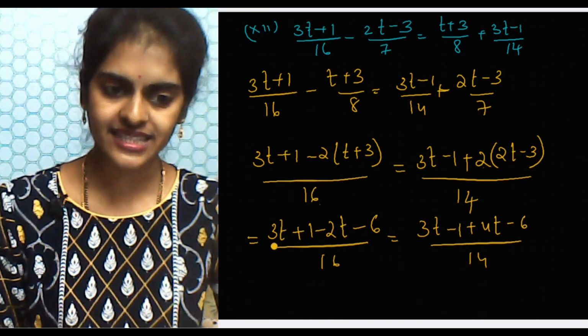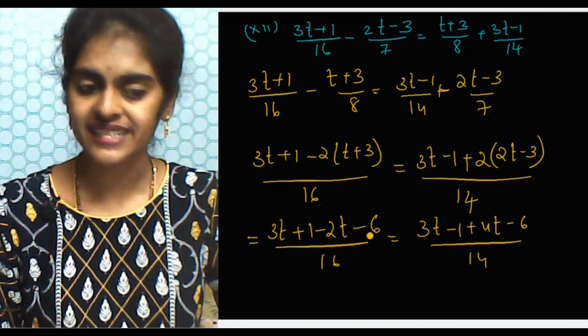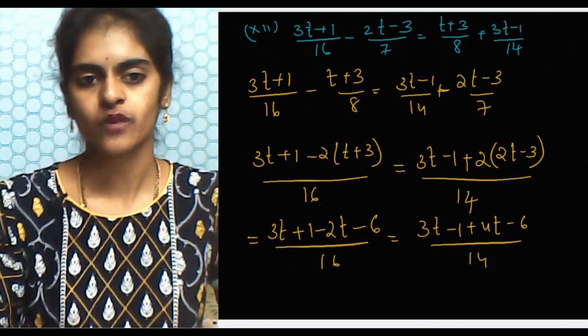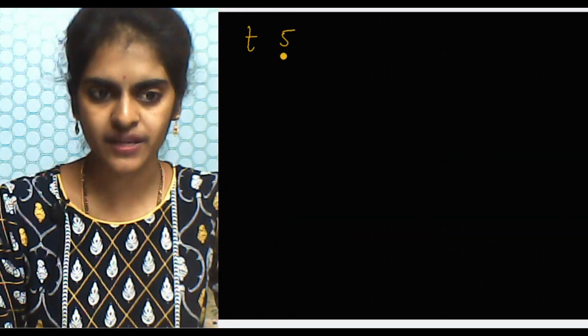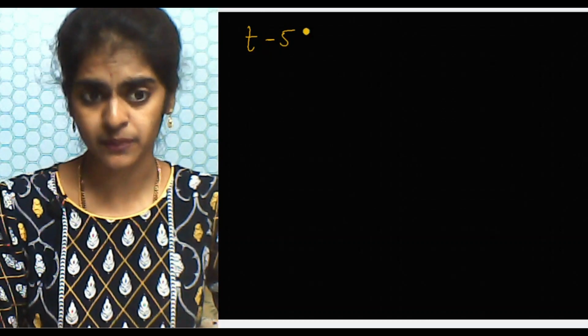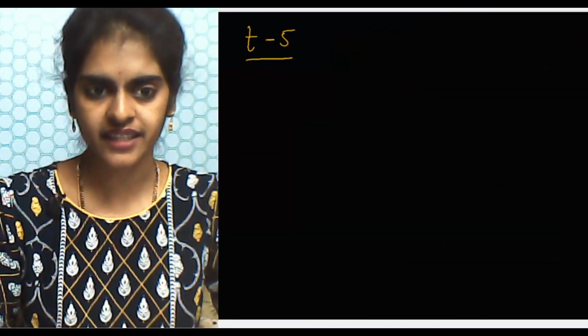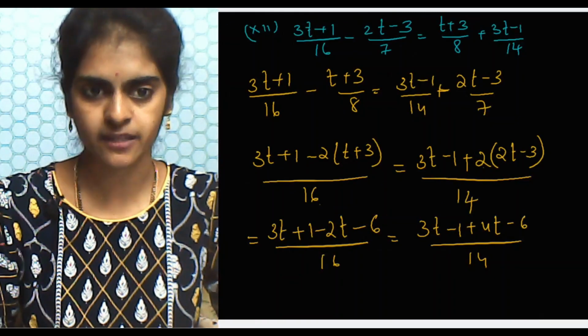Okay, now just see, 3t minus 2t is nothing but 1t, and 1 minus 6. One positive integer, one negative integer. So what will you do? You will subtract. So 6 minus 1 is 5 and you will keep the sign of the bigger number. The bigger number has a negative sign, isn't it? So it becomes minus 5 divided by 16.